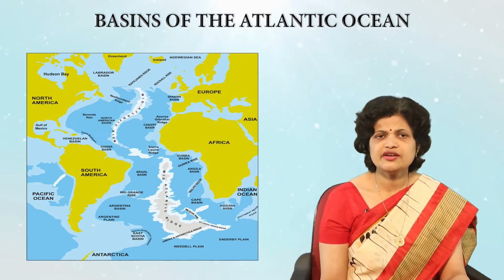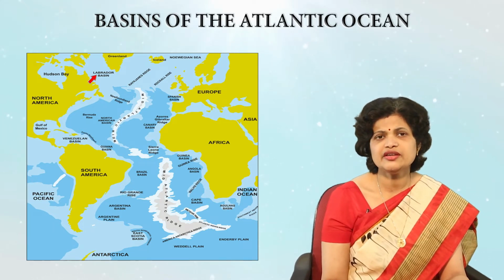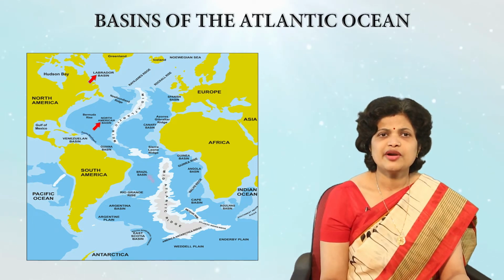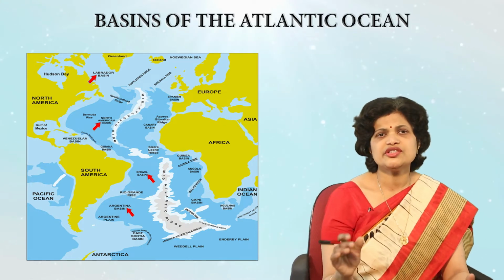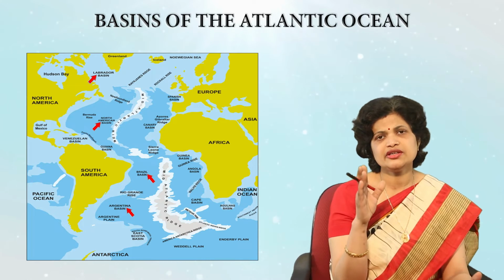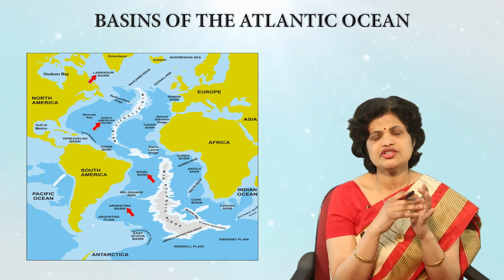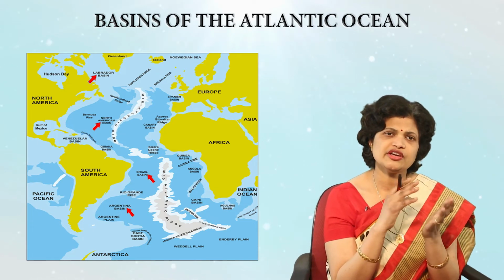In the west there are four major basins: Labrador Basin, North American Basin, Brazilian Basin and Argentina Basin. So since the mid-oceanic ridge divides the Atlantic Ocean into two major basins, the branch ridges which arise from the mid-oceanic ridge divide it into further sub-basins.